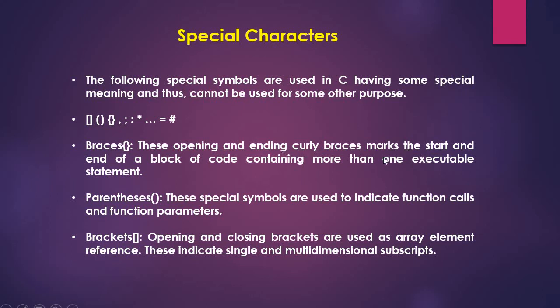Curly brackets mark the start and end of a block of code containing more than one executable statement. You can see them in many functions, for loops, or branching statements. Parentheses normally appear in function names, and square brackets are used in the case of arrays to indicate the size of an array.